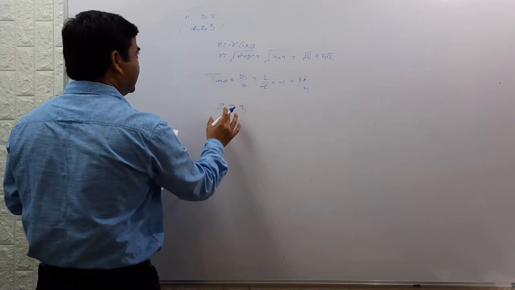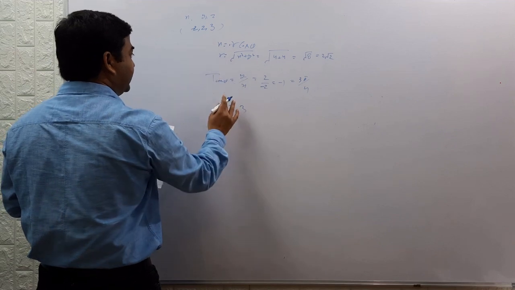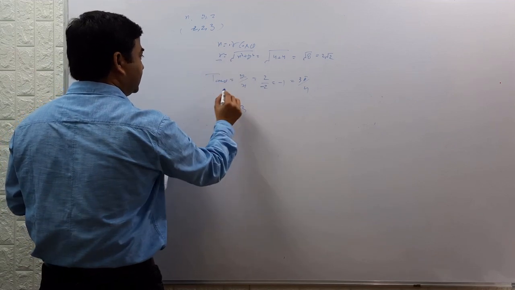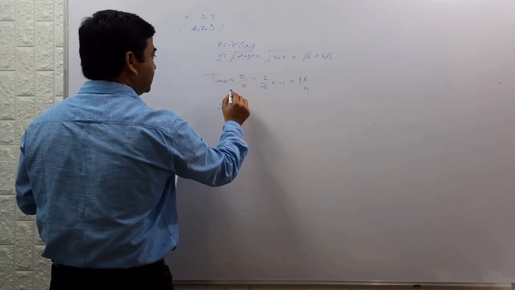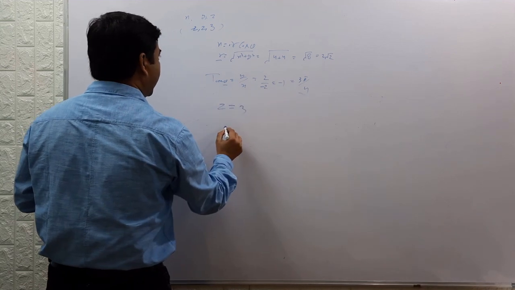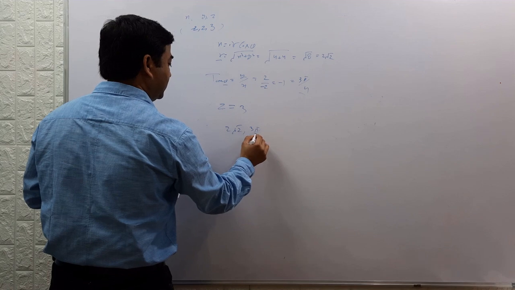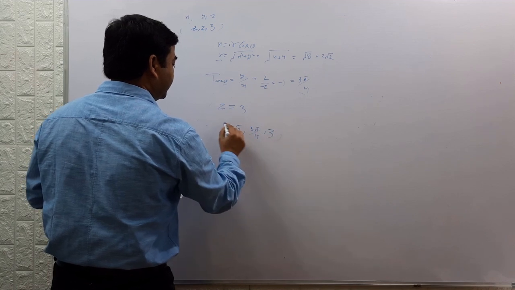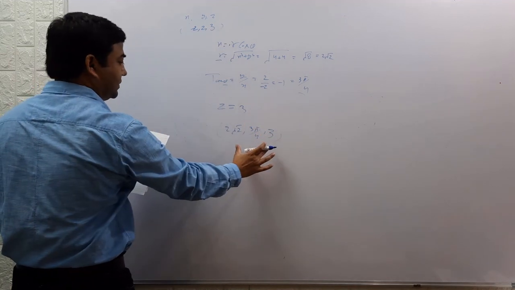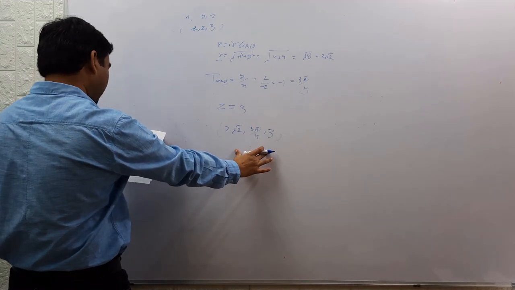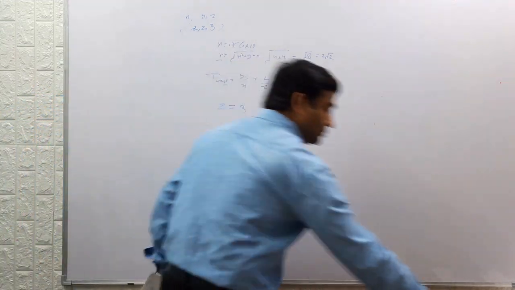So the cylindrical coordinates will be r, theta, z, where r is 2 root 2, theta is 3 pi by 4, and z is 3. So the Cartesian coordinate system has been converted into the cylindrical coordinate system.